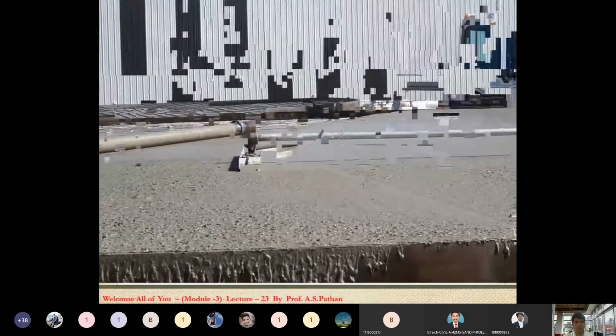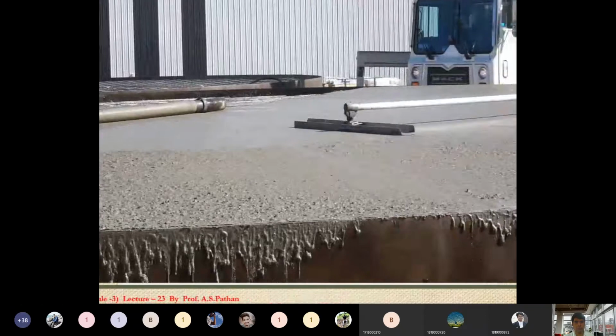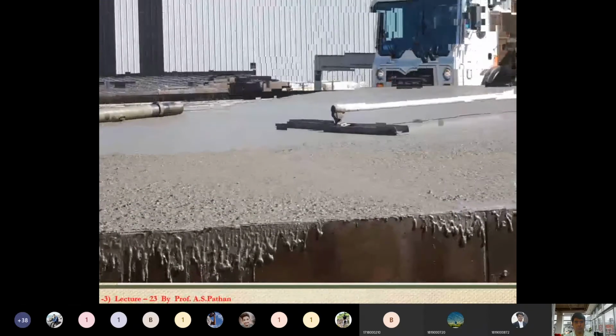What bull floating does, it pushes the rocks down and it brings up the creamier surface that you can finish and seal up the surface.